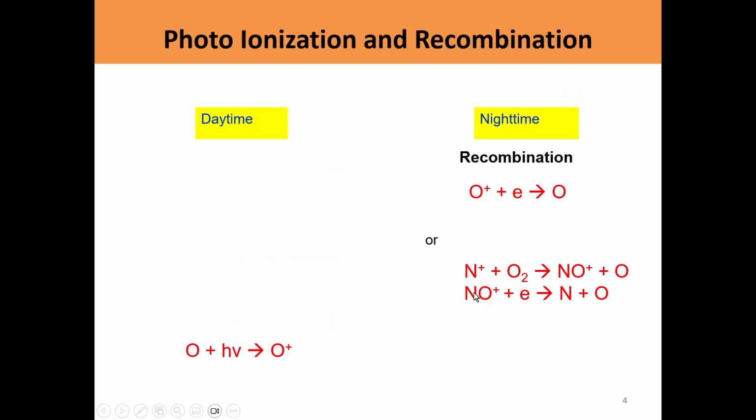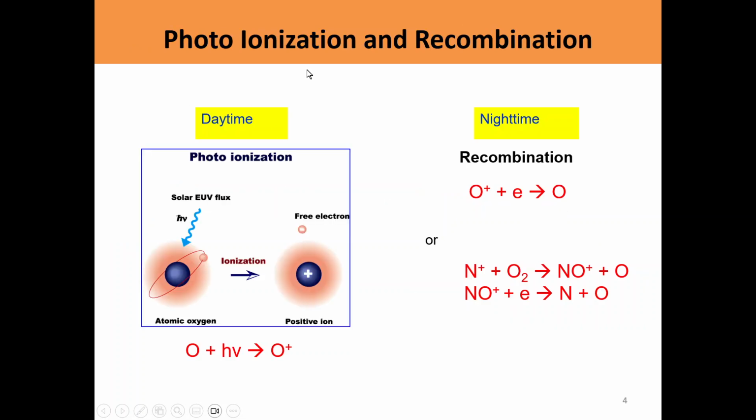Okay, this you probably have seen before: during daytime, because of the ionization, some of the neutral ions become ionized. For example, oxygen is ionized by the solar flux and becomes O plus. And during nighttime, there will be some recombination.